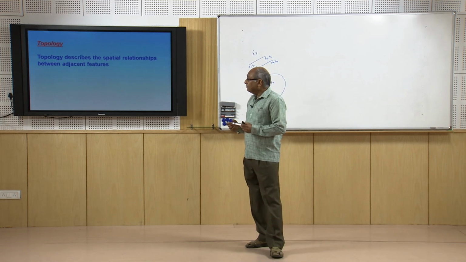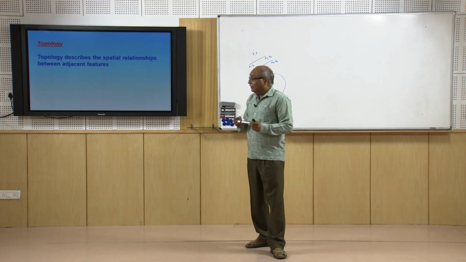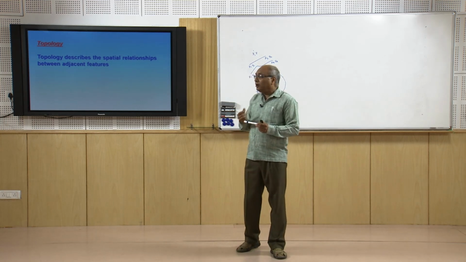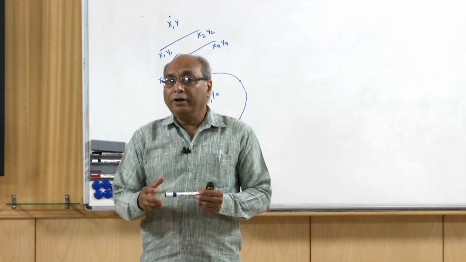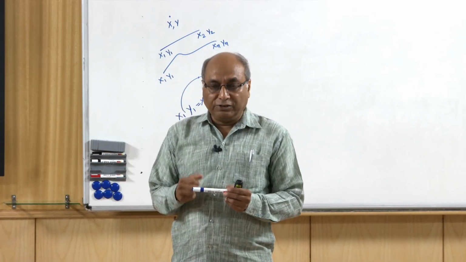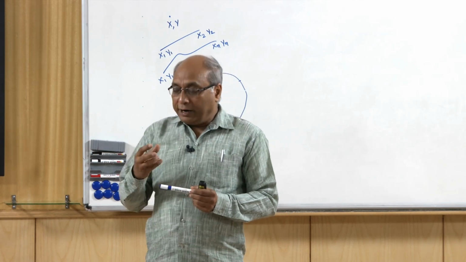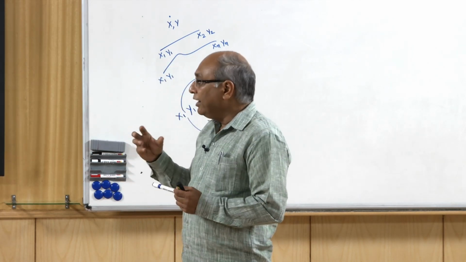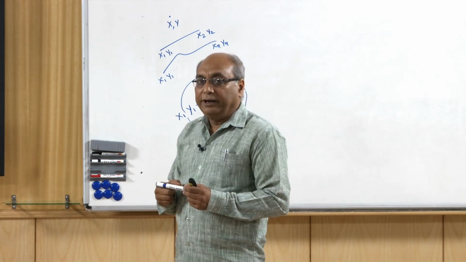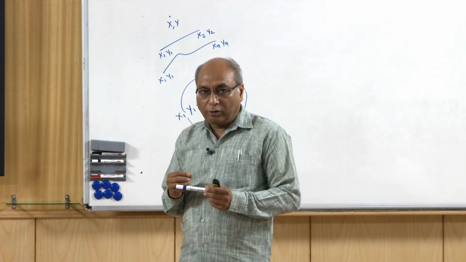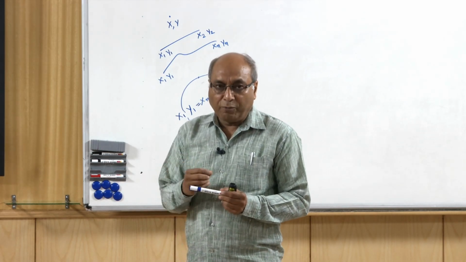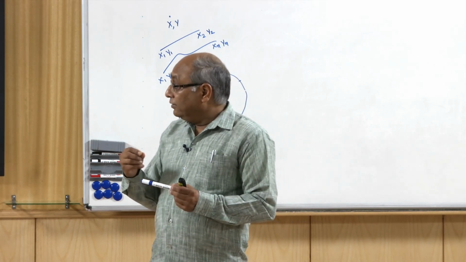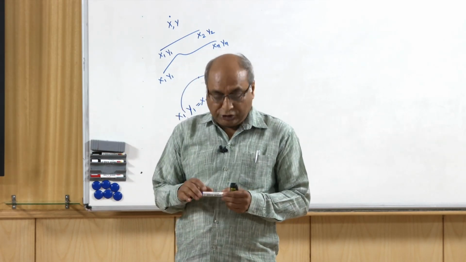So topology basically, in GIS, neighborhood information is very much required. And in order to establish the spatial relationships between neighboring or adjacent features, the concept of topology, which has come from mathematics, is very much implemented in GIS.